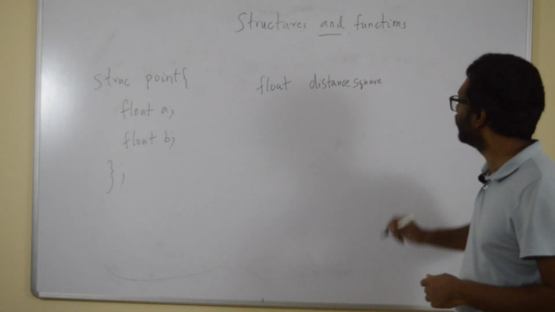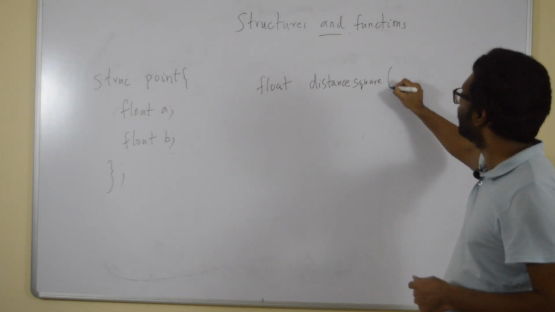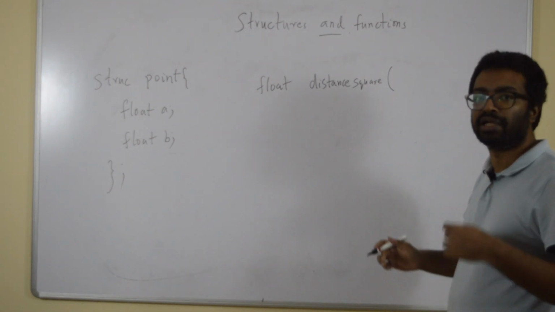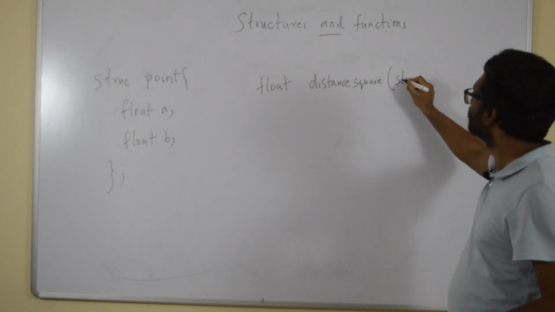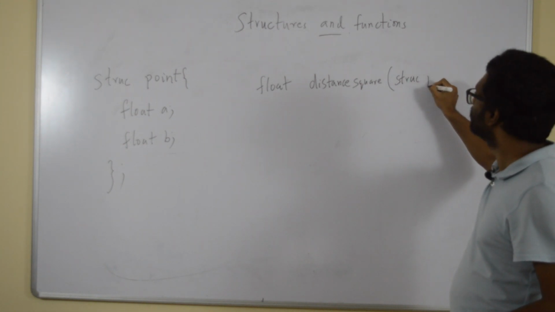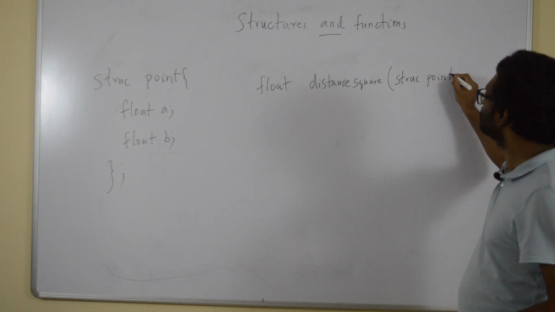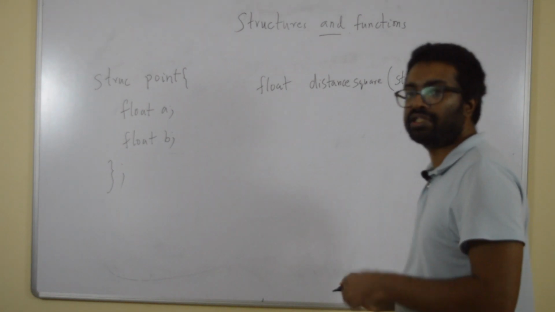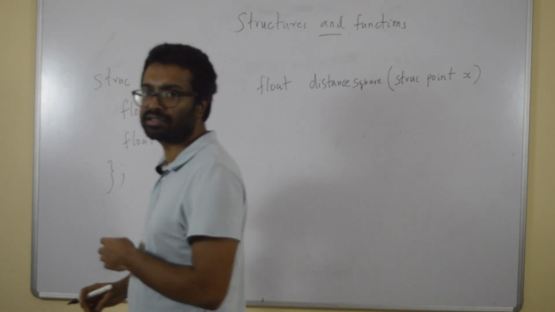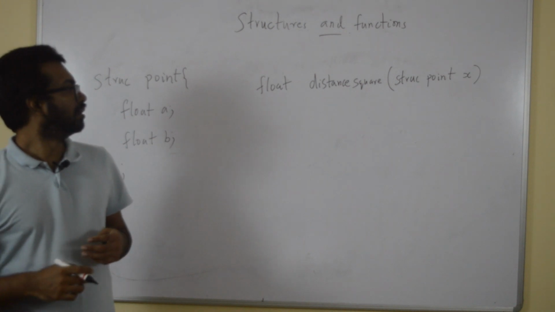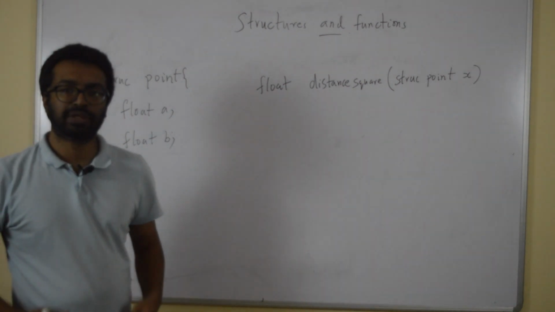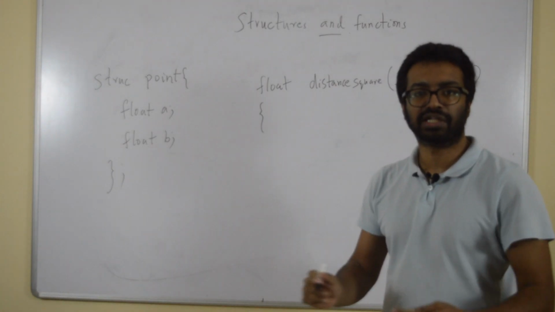The function name is distance square, and it is going to take as input a variable x, which is of type struct point. Now let us write the function.